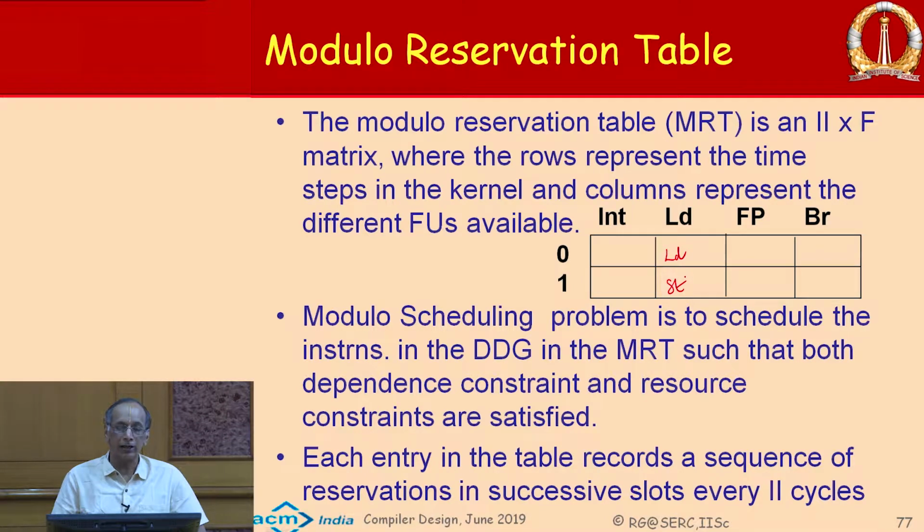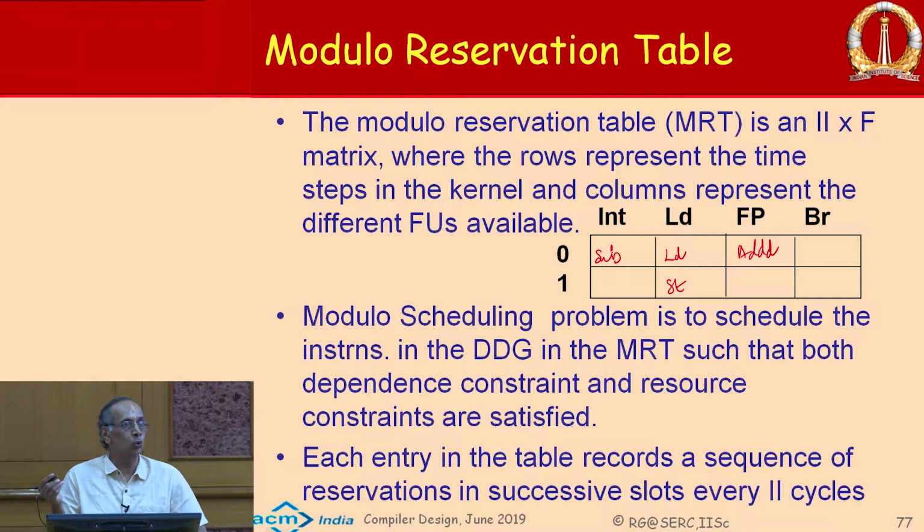Let us say the floating point add was scheduled at time step 2, then you put it over there. Like this you put these operations in the modulo reservation table. Let us say the integer subtract was scheduled at time step 4, then you put it over here. Now, what about the integer add?